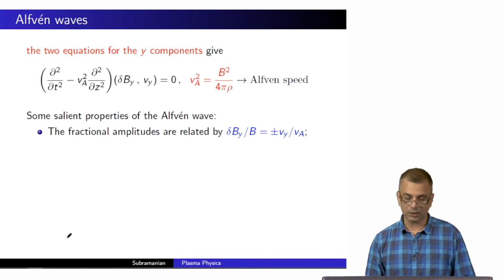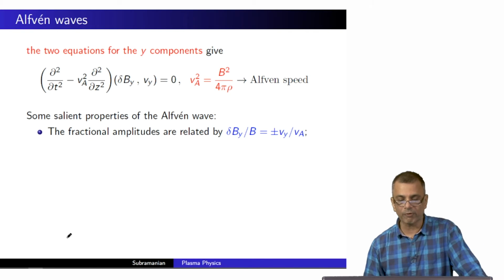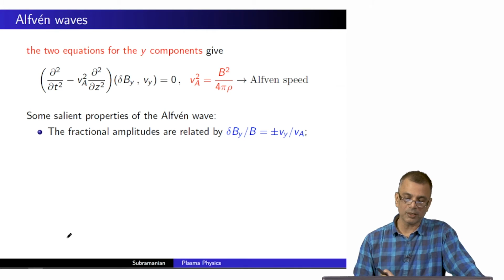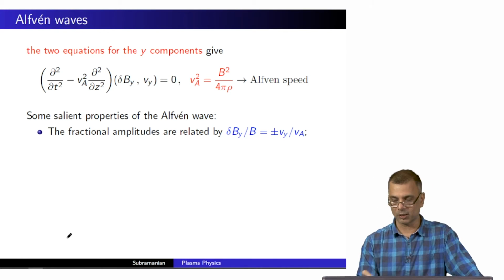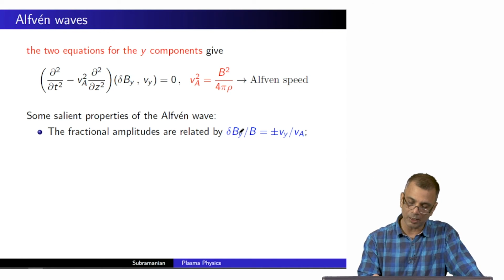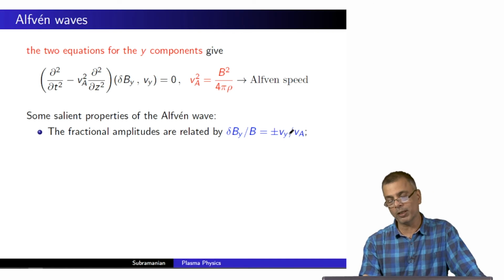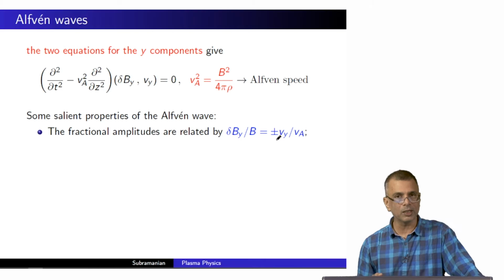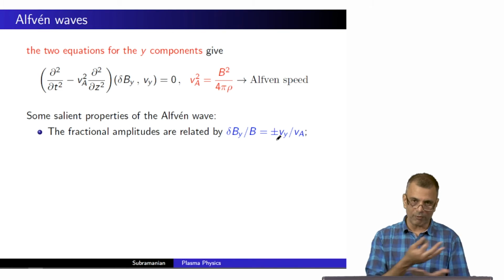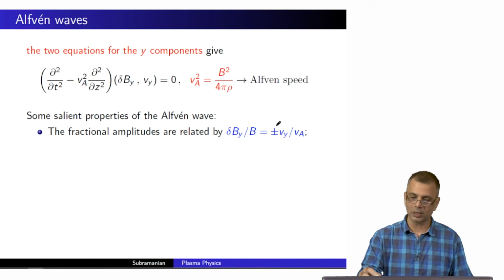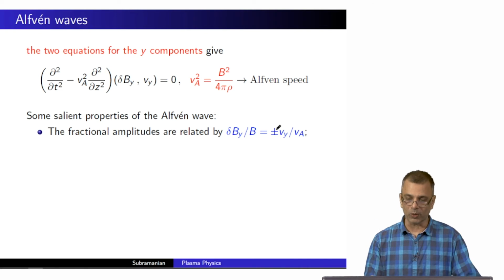Some other salient properties of the Alfvén waves are that the fractional amplitudes are similar. In other words, delta By over B is the same as Vy. I simply write Vy because there's really no need to write delta Vy. There was no average V to start with, so the small Vy is indeed a delta quantity.